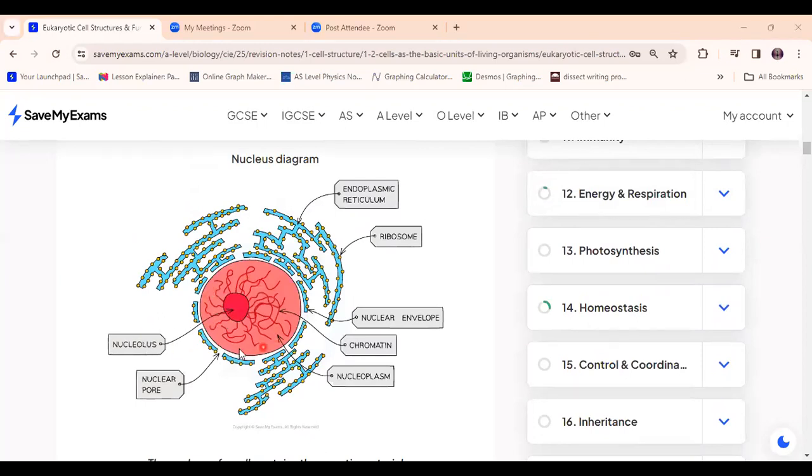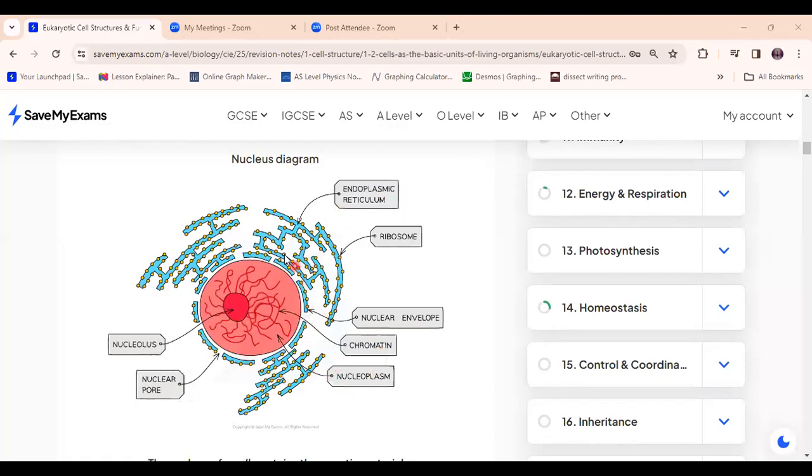This round red figure is the nucleus. Inside the nucleus, the darker region here is called the nucleolus. Inside the nucleus, you've got chromatin. The membrane that forms the outer boundary of the nucleus is called the nuclear envelope or the nuclear membrane. It is a double membrane comprising an inner and an outer one.